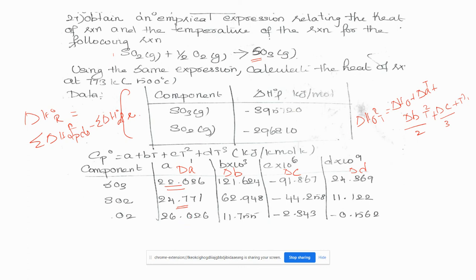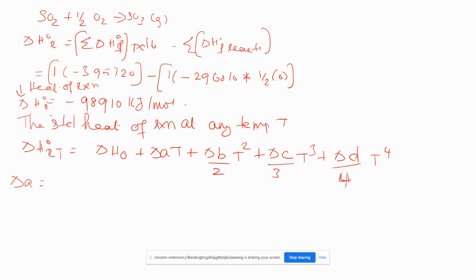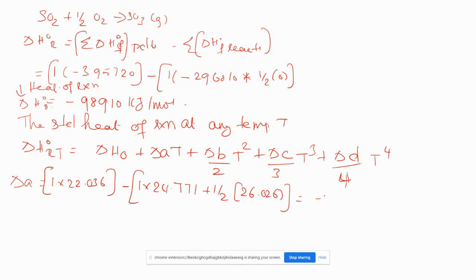Always products minus reactants. So del A will be 1 into 22.036 minus 1 into 24.771 plus half into 26.026.